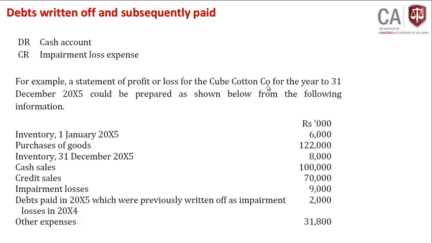So when you receive written off debtors again, the double entry will be debit cash account. Anyway, you will receive cash, no doubt. Cash should be debited. Credit impairment loss account. You charge to P&L through the impairment loss account, you debit the impairment loss account.